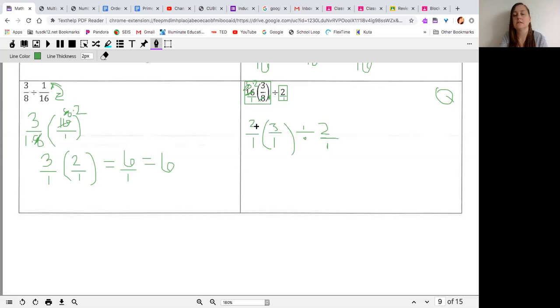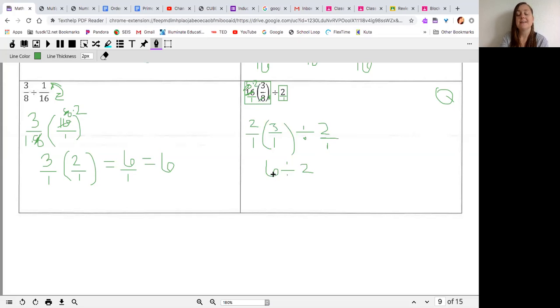Okay, so we can still multiply across. 2 times 3 is 6. 1 times 1 is 1, but I don't need that anymore, so I'm not going to write it. I'm going to bring my divided by sign. And 2 over 1, but I don't need that 1. I'm dealing with whole numbers. Okay? No longer need that visual.